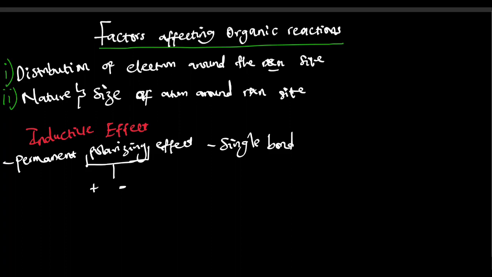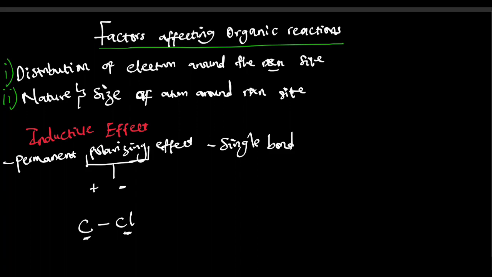Do you get that? The effect is brought about by an unequal sharing of electrons. Let me give you an example. Let's assume we have a carbon attached to chlorine. Chlorine is more electronegative than carbon.